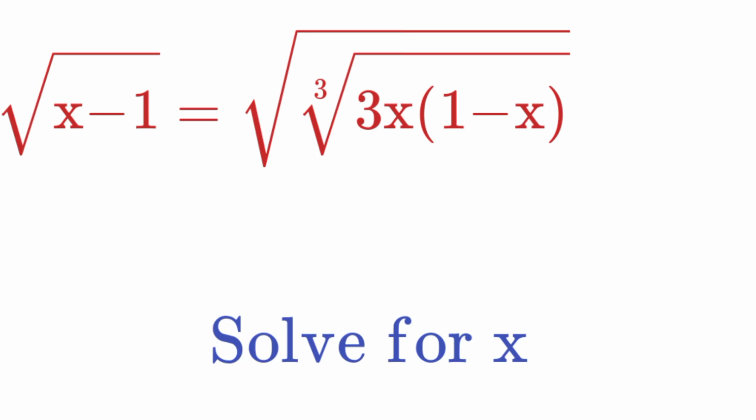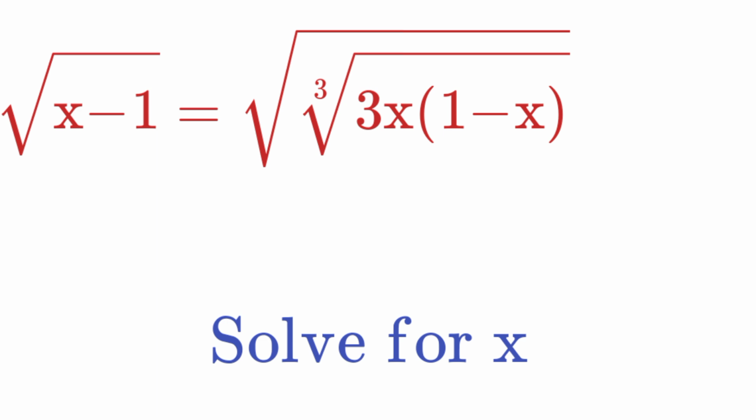Hi everyone. In our second question for today's tutorial, we have the question: solve for x the equation square root of x minus 1 is equal to square root of the cube root of 3x into 1 minus x. How do we go about this?